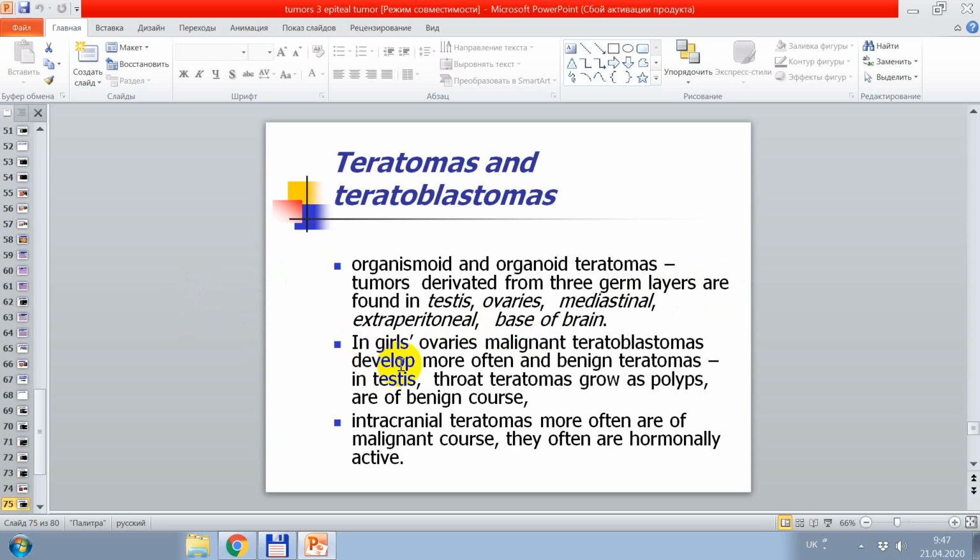In girls' ovaries, malignant teratoblastomas develop more often, and benign teratomas in testes, as these teratomas grow as polyps, with benign course. Intracranial teratomas more often are of malignant course. They often are hormonally active.